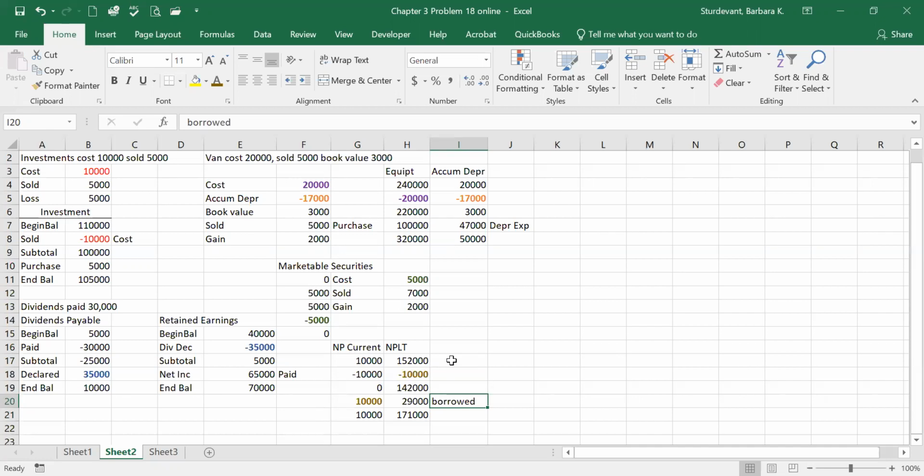Doesn't matter, it's always what's going to happen. Beginning balance is always paid. Current part, beginning balance is always paid. Ending balance always comes from the long term. And then if you have to stick something in here, it just means you had borrowed additional money.